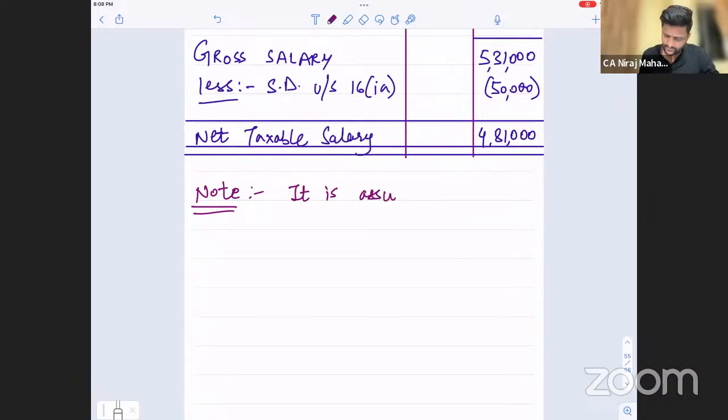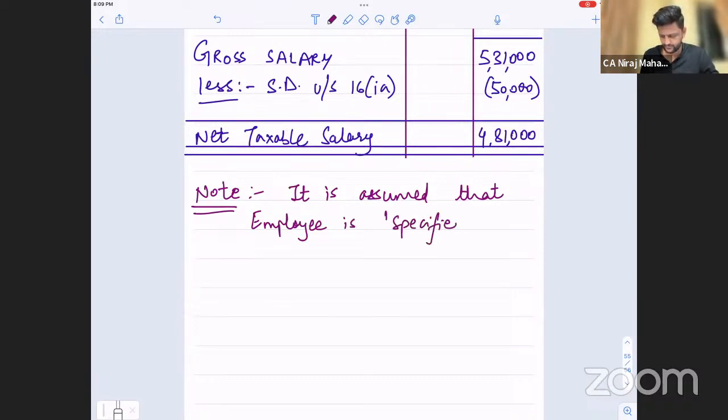It is assumed that employee is a specified employee.